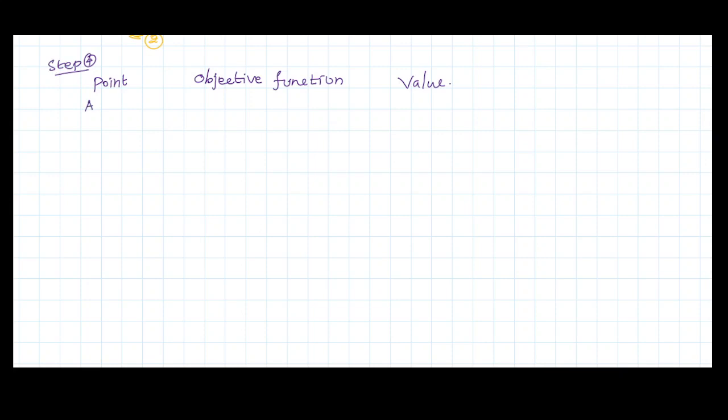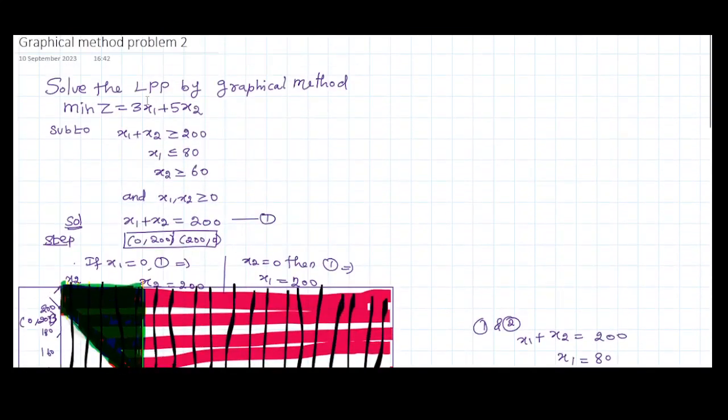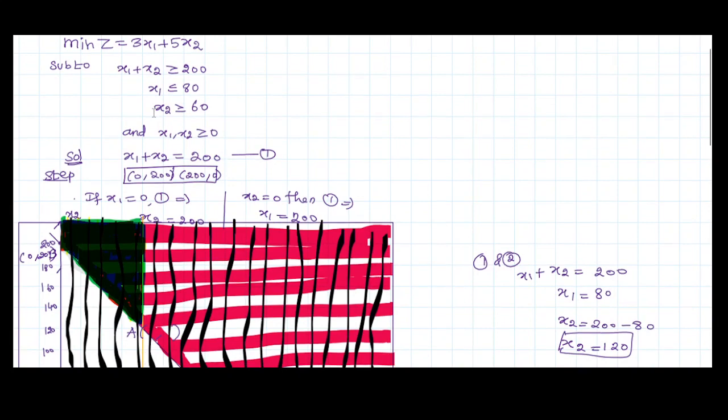Here the point A is 80, 120, and the objective function is z equal to 3x1 plus 5x2.